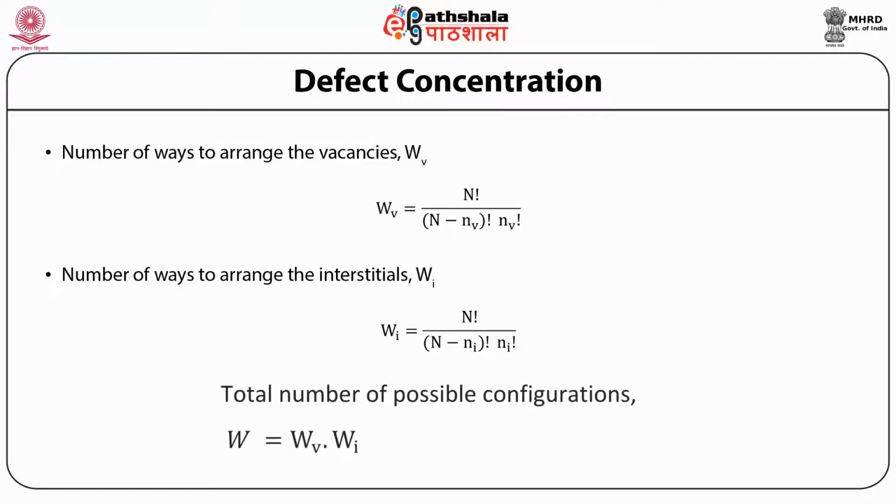Now the total number of possible configurations becomes W, which is equal to Wv times Wi.